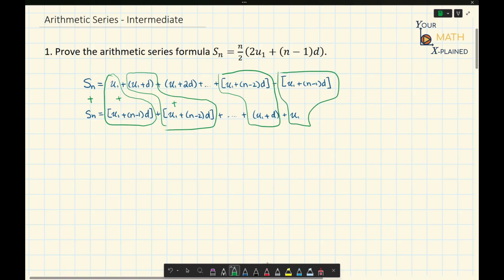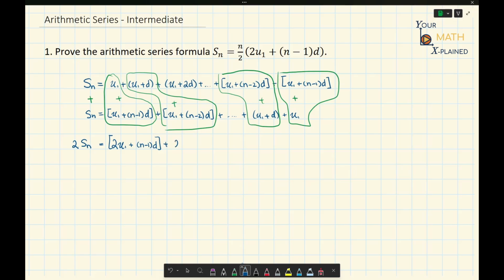So we're just adding them together vertically. Now the left-hand side is going to be 2 times S sub n. And then the first one is going to be 2 times u sub 1 plus n minus 1 times d.